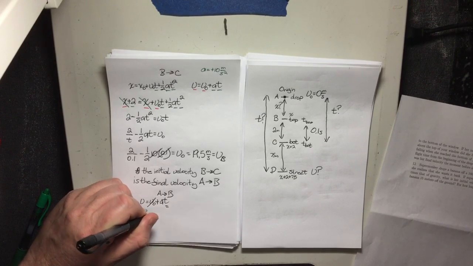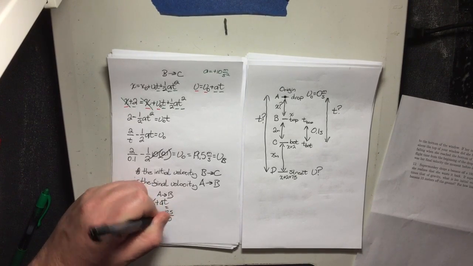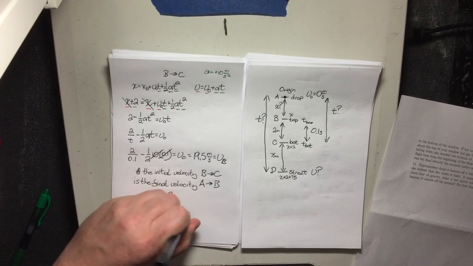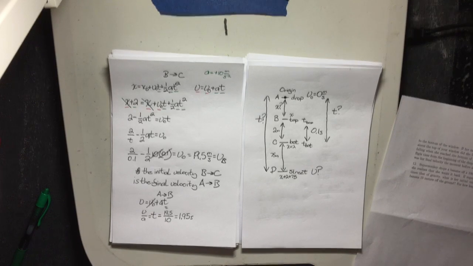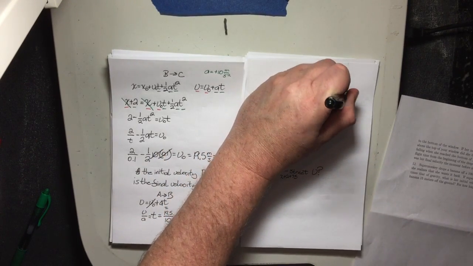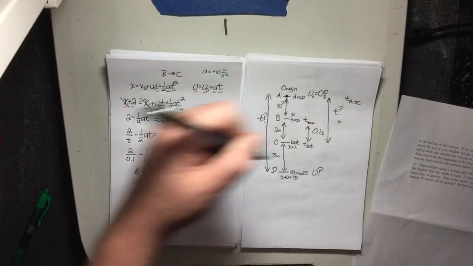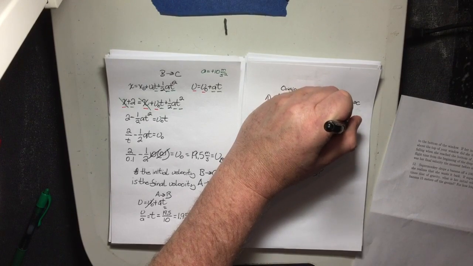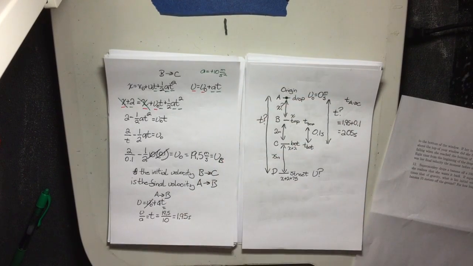So V divided by A is T. So 19.5 divided by 10 is 1.95 seconds. That's the time that it took for her to fall from A to B. Which means that the time that it took for her to fall from A to C is 1.95 plus 0.1, or 2.05 seconds.